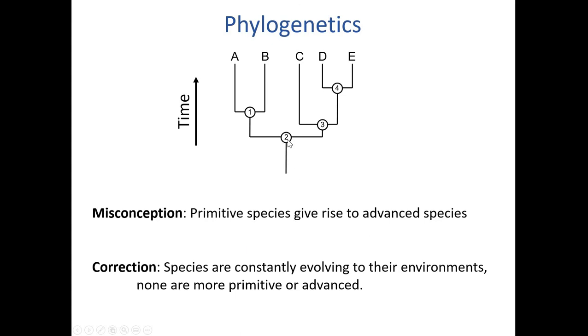So this species down here, or this node at 2, was probably quite highly adapted to its current environment. And the reason that it may have undergone this speciation process could be an environmental change or separation of two different populations. But that doesn't mean that this organism is any more primitive than either of these. So this is a misconception.